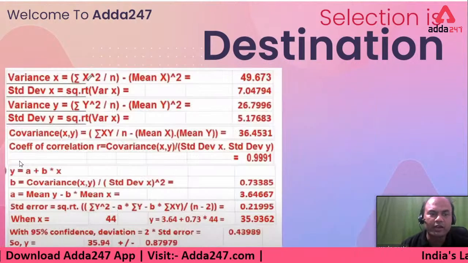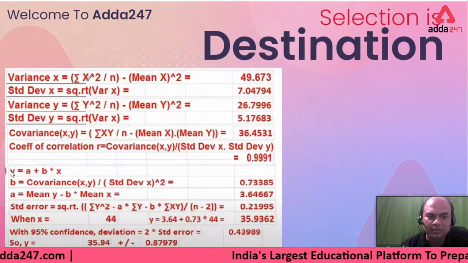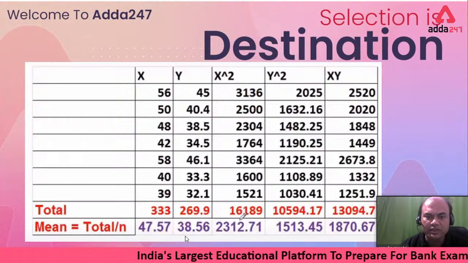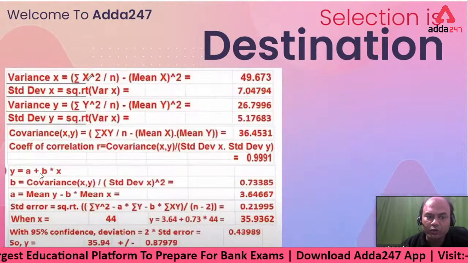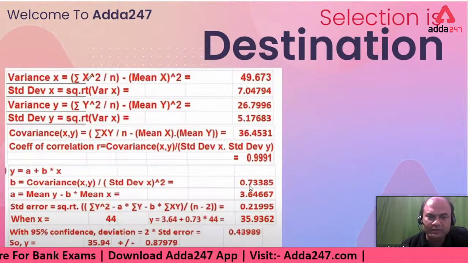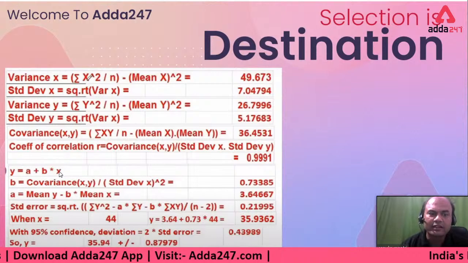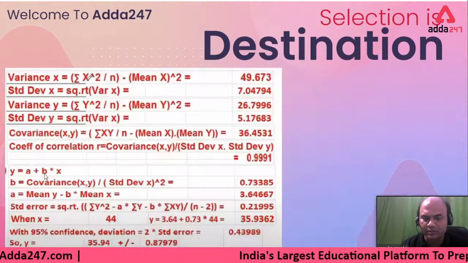So what will we have now? Y bar is some number, 38.56. Then a, I don't know, plus b, which I've just now found out, 0.73, and then x bar instead of x, 47.57.